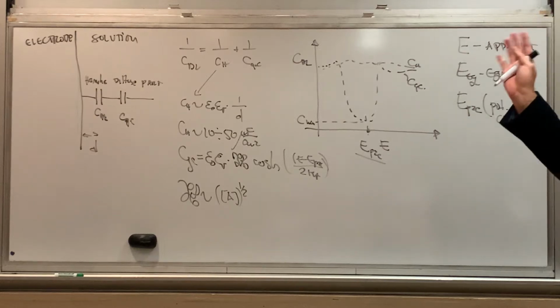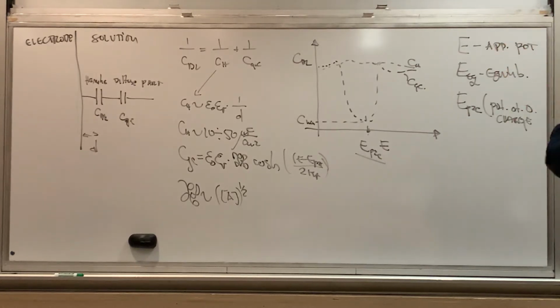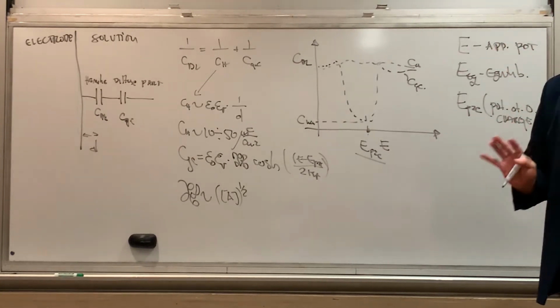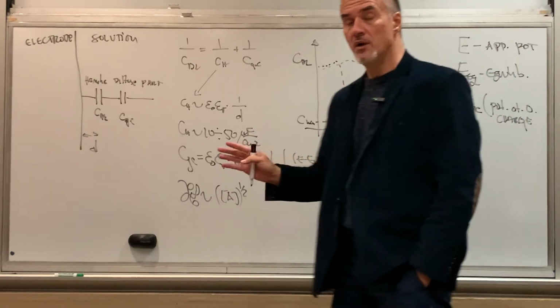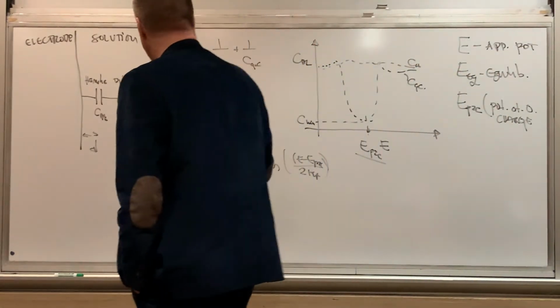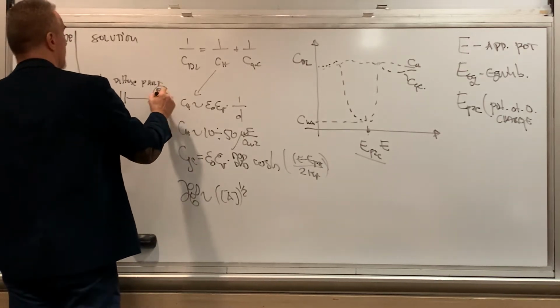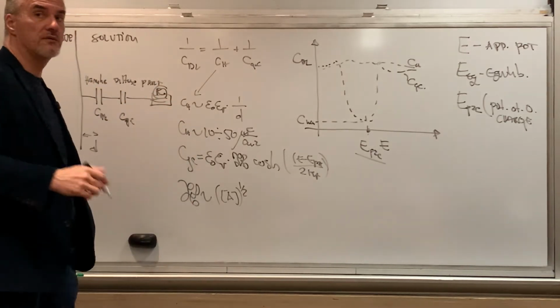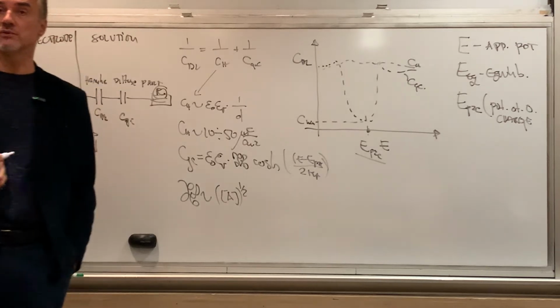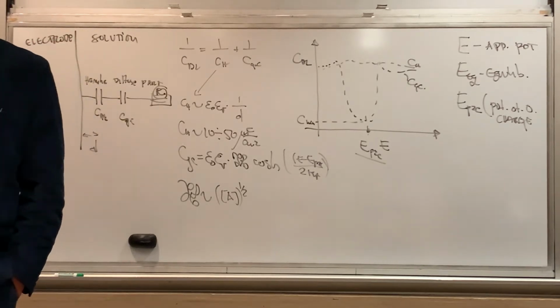But in general, when we do regular electrodeposition, we want high conductivity of the solution because we don't want to have any ohmic drop. So if this is the solution resistance, we want to have this low. If you have plenty of ions in the solution, ionic conduction through the bulk of the solution is pretty good.